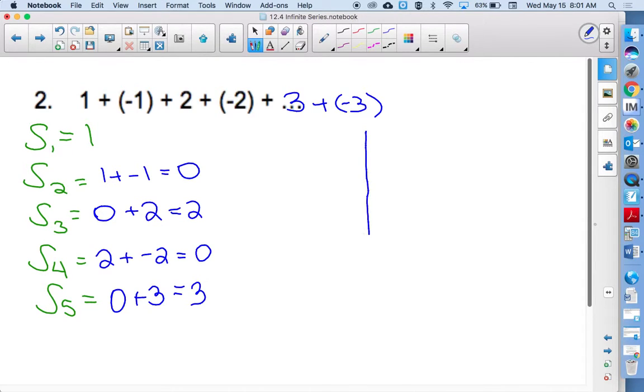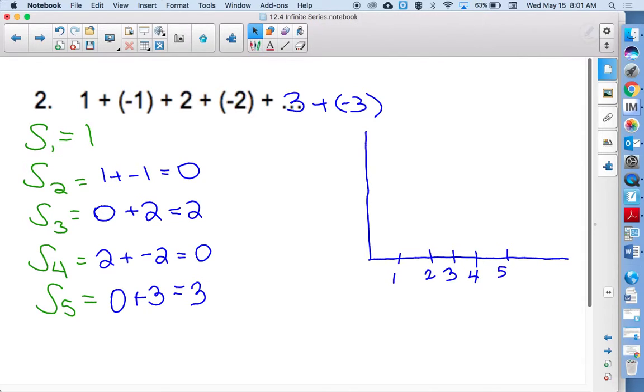If we make a little graph of this, your x-axis will always be the same, 1, 2, 3, 4, 5, because you're going to plot 5 points. The y-axis might change depending on how big those numbers are. Now they only go up to 3, so my numbers aren't very big.